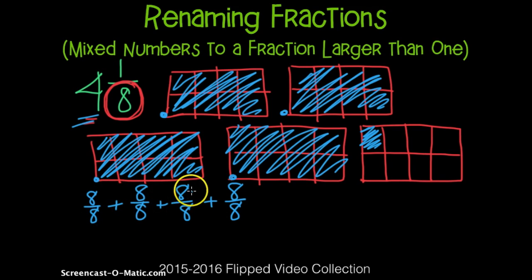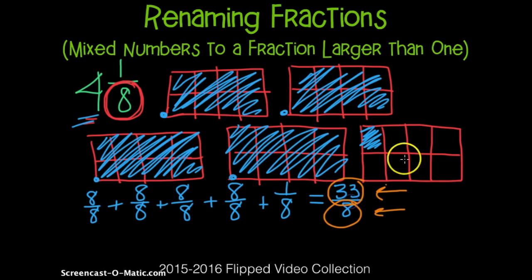There's 1, 2, 3, and 4, plus the 1/8 I have left over. So as you can see, we have again created a fraction larger than 1. Our numerator is larger than our denominator, and that makes it a fraction larger than 1.